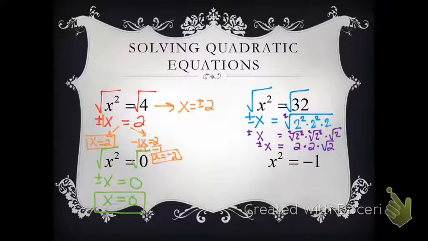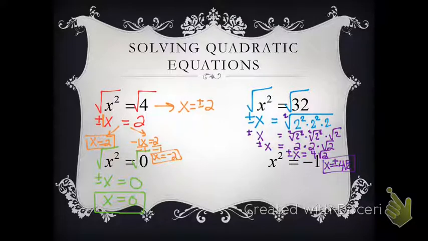And now we've got 2 times 2 times root 2, which is 4 root 2, and then remember that's like two different equations. Positive x equals 4 root 2, which is already solved, and then negative x equals 4 root 2, in which case you divide both sides by -1, and you'd come up with x equals negative 4 root 2. So our two answers are positive and negative 4 root 2.